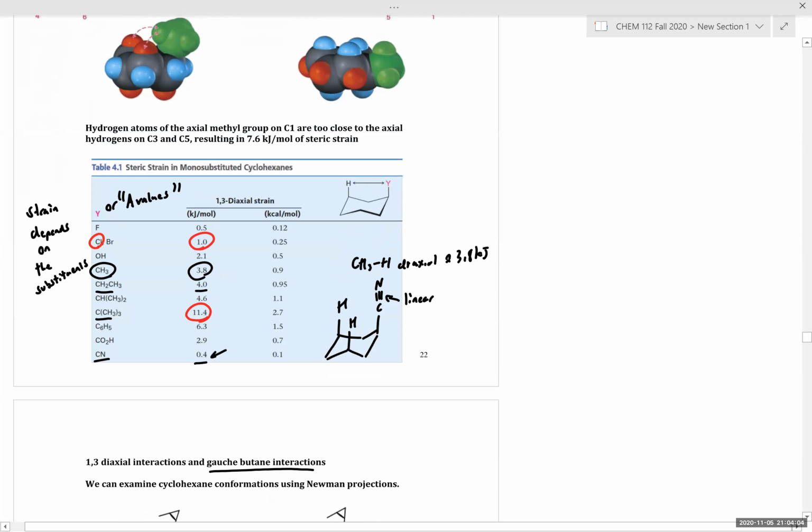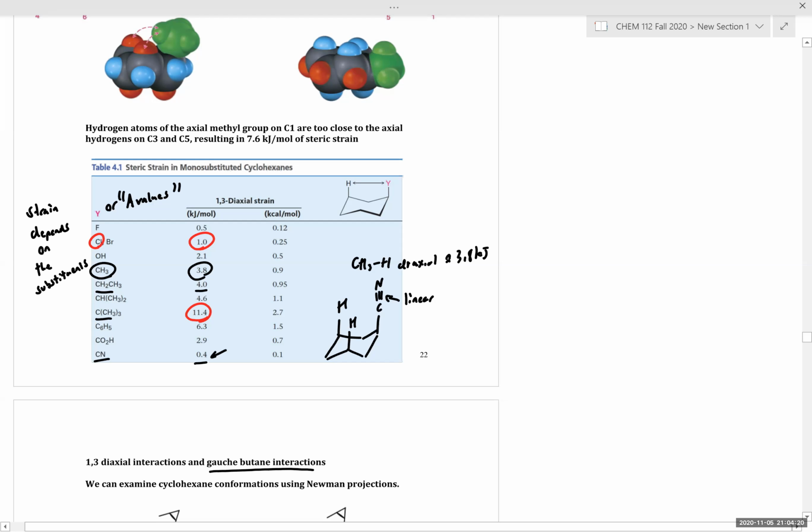As we notice, the A values for a 1,3 diaxial strain, chlorine has about half of the strain value as a methyl, or almost a fourth of the strain value as a methyl group.